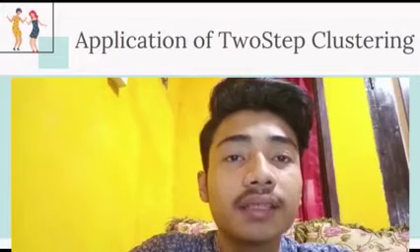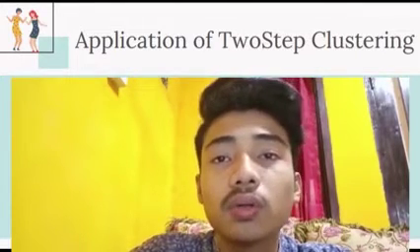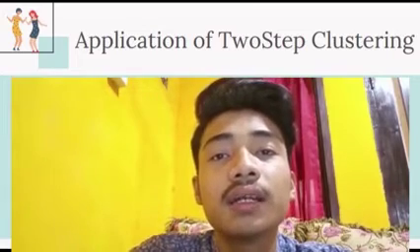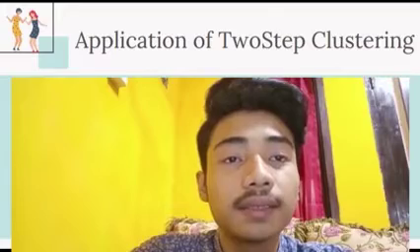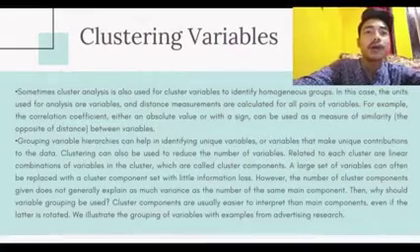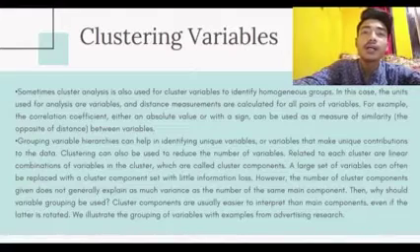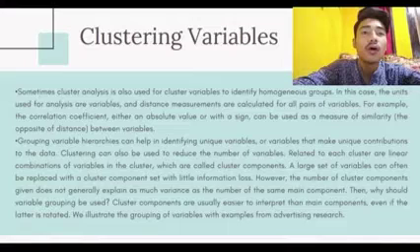In other cases, different methods can produce different results. It is a good idea to analyze the dataset using different methods to check the stability of the clustering solution. Clustering variables. Sometimes, cluster analysis is also used to cluster variables to identify homogeneous groups.